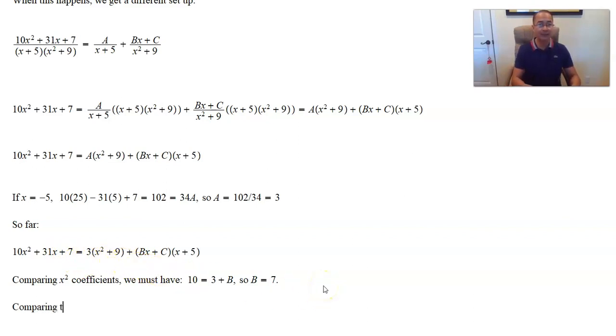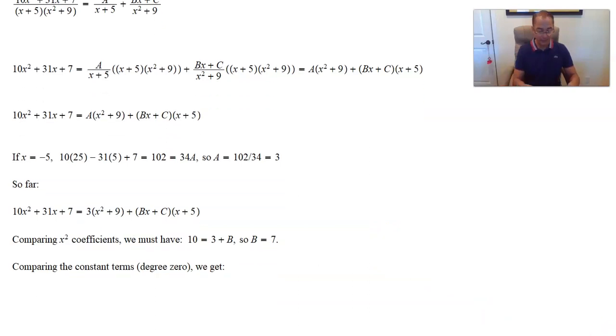So comparing the constant terms, in other words, degree 0, we get 7 on the left, 7 equals, on the right, 27 plus 5c. So negative 20, right? 7 minus 20 equals 5c, and c equals minus 4.